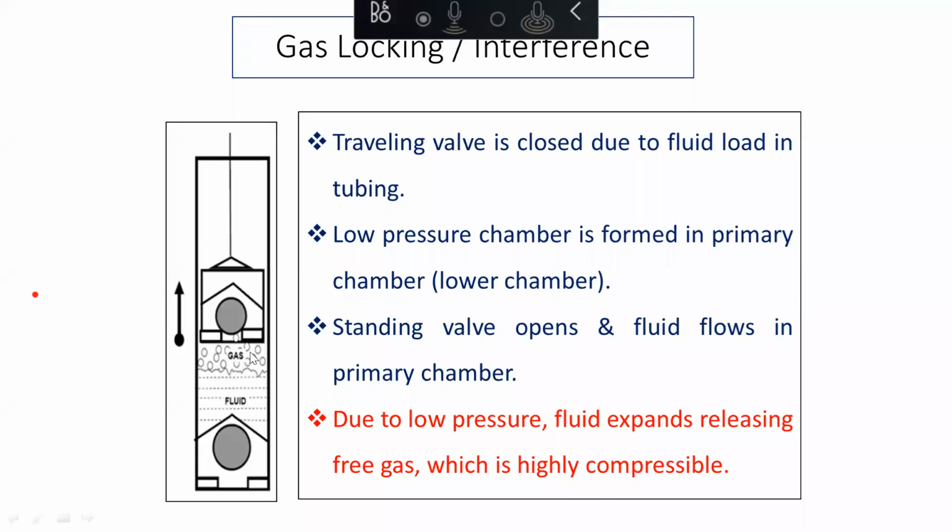When gas is flowing into the chamber, because of gas compressibility, your traveling valve will open late. So you are going to lift less liquid. Only when you reach your fluid level using your traveling valve, that much liquid only you are going to lift.